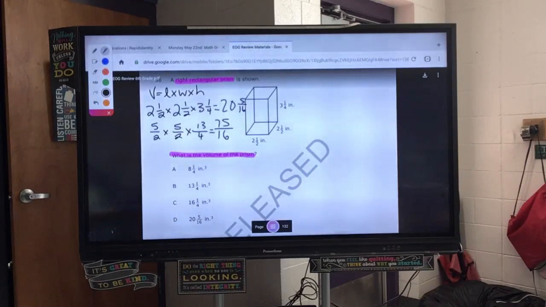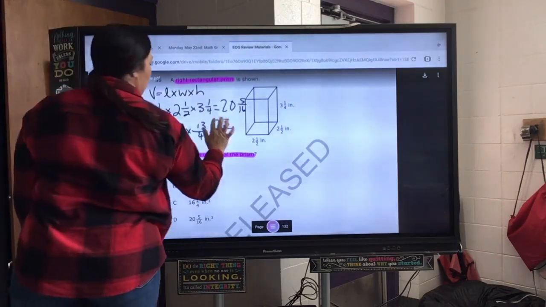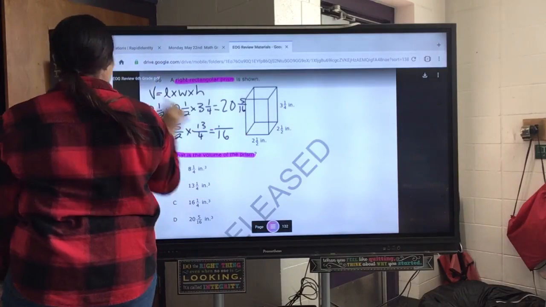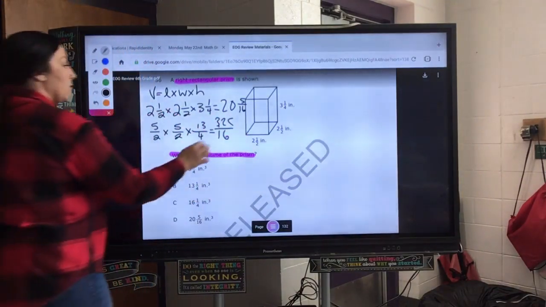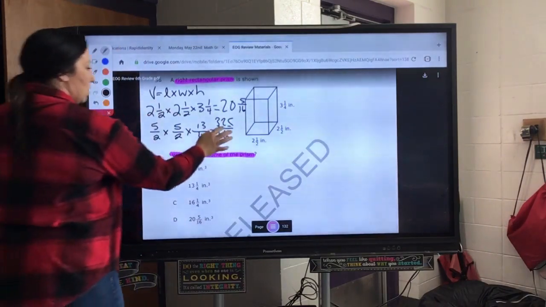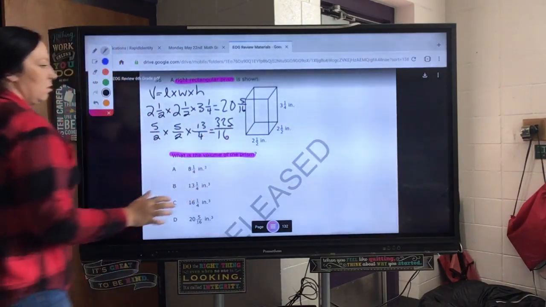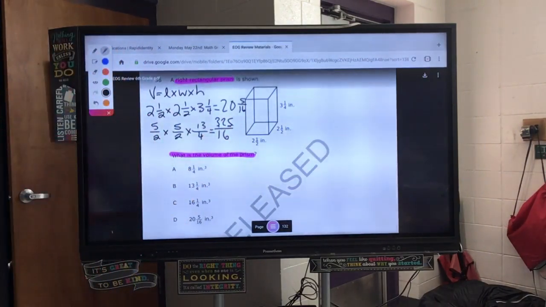Yeah, I was gonna say, that doesn't. So 325. Sorry, do 325 divided by 16. Good Lord. It's 20 remainder 5.